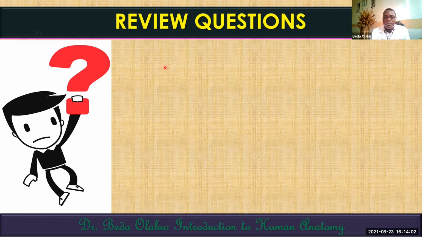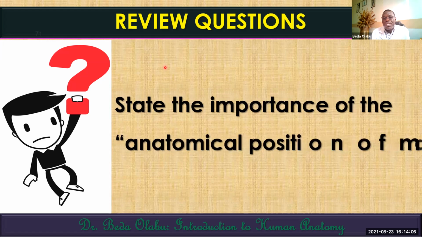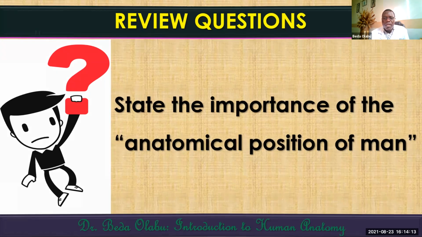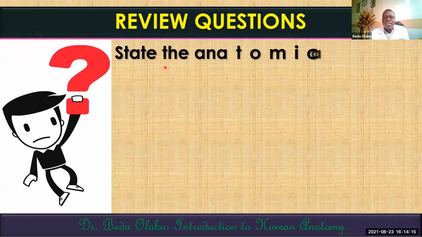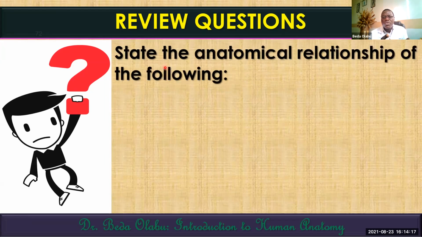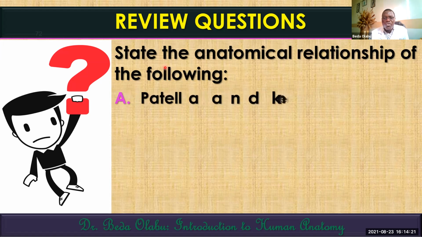So I hope with this lecture, you are able to state the importance of the anatomical position of man. I also hope in this lecture that you are able to describe the anatomical relationship of the following.